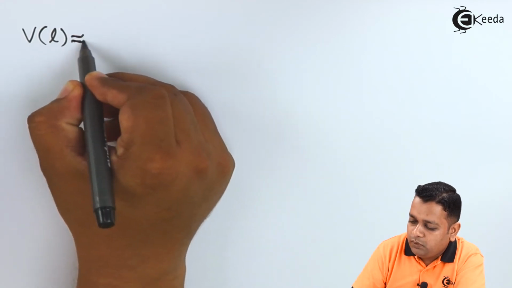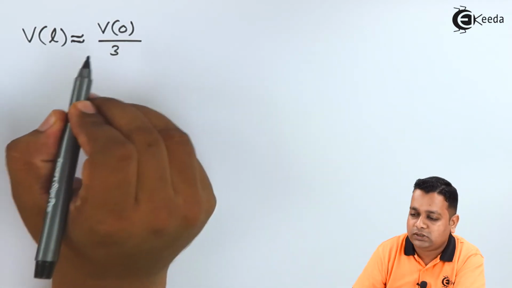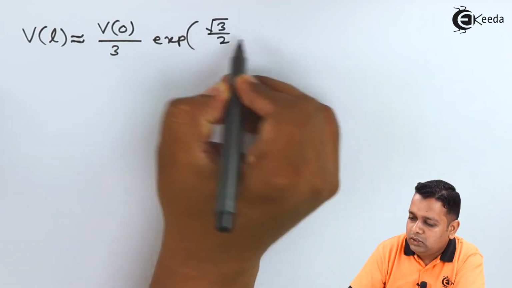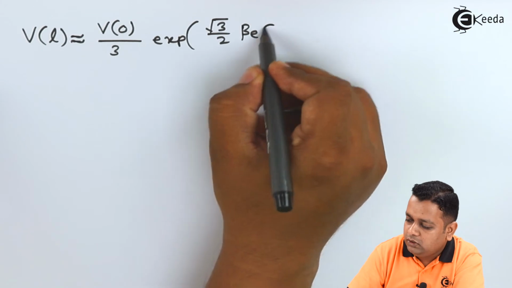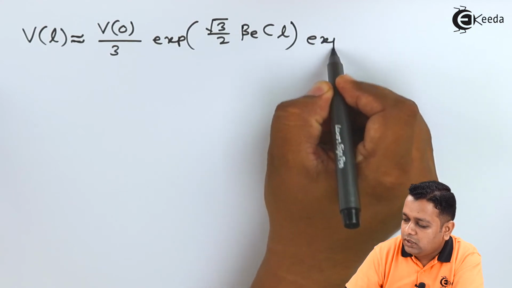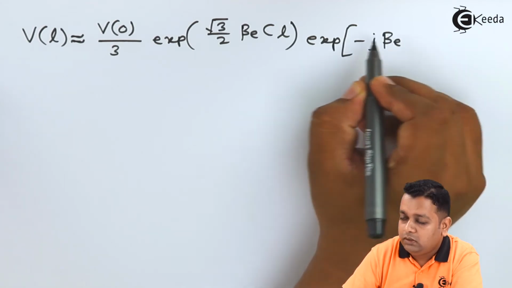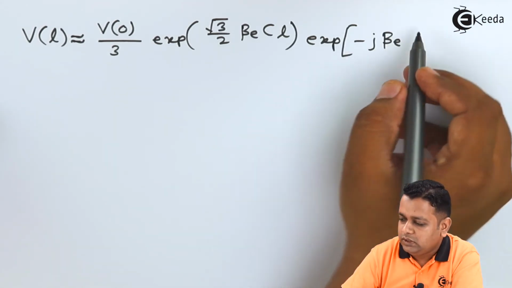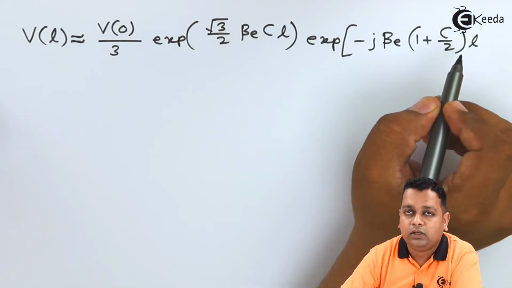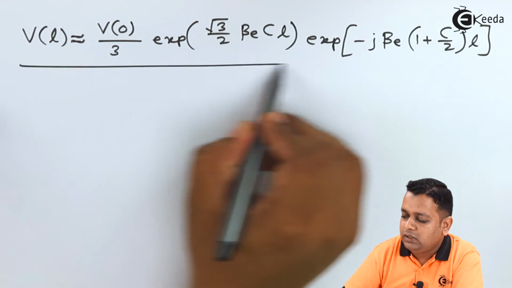So it will be approximated to V of 0 divided by 3 that we have averaged just now, into the exponential that has under root 3 by 2 into beta suffix e into c into the length L here represented into the exponential, for the bracket here we have minus j times the phase shift constant beta suffix e in multiplication to the bracket 1 plus c by 2, that is having L in multiplication. So I complete this particular bracket.